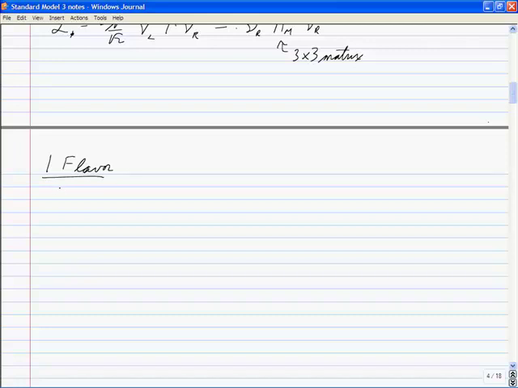The mass matrix then has the following form. It's nu bar left, nu right. Let's see, the notation here gets a little complicated, but nu left, nu right.